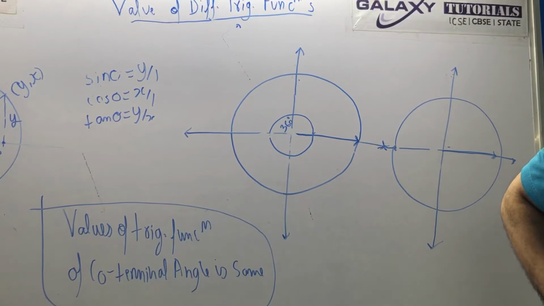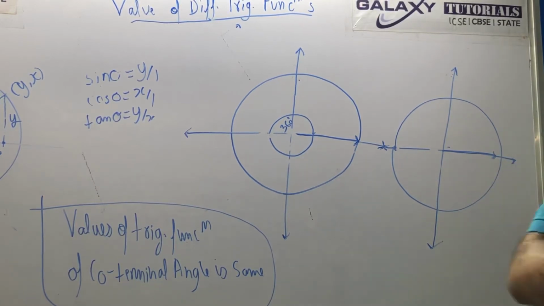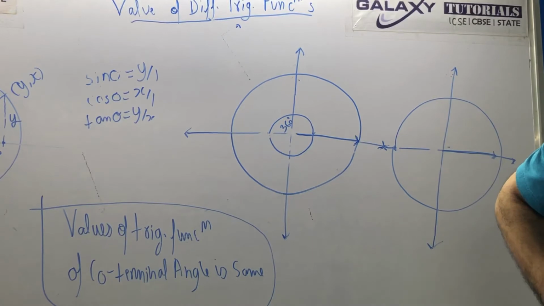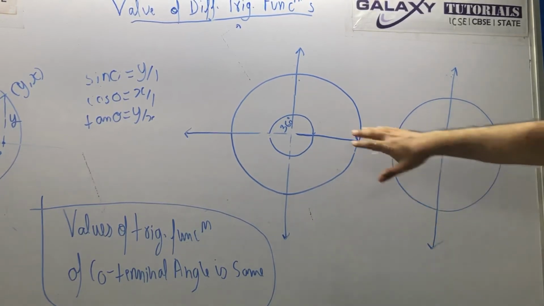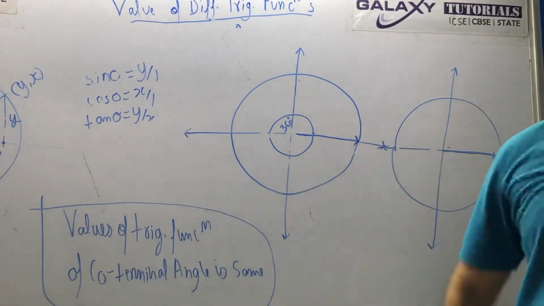The coterminal angle of 315 degrees is 45 degrees, and you already know all the trigonometric values of 45 degrees, whereas finding 315 degrees would be difficult. So what were the values for 0 degree will be the values for 360 degrees.